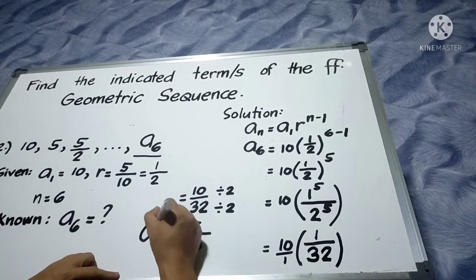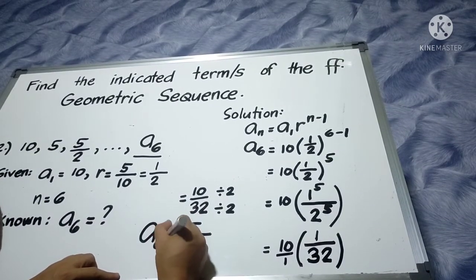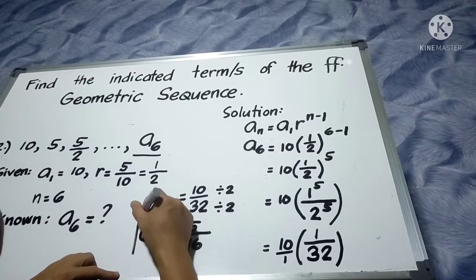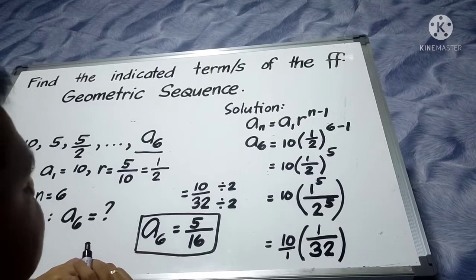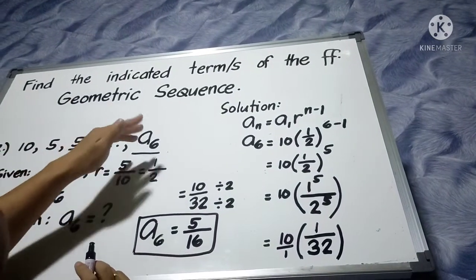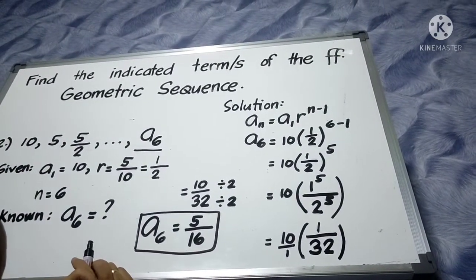Therefore, 5 over 16 is our 6th term. So this is now our 6th term, or the 6th number in the geometric sequence.